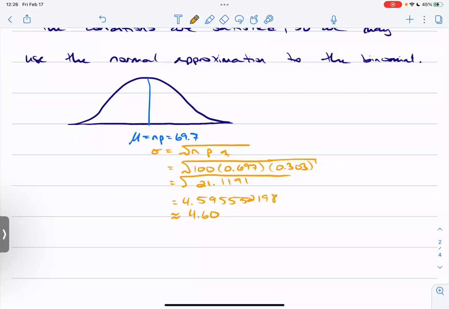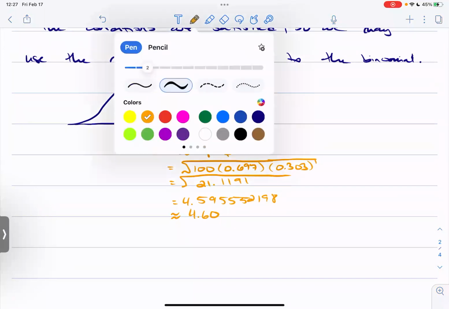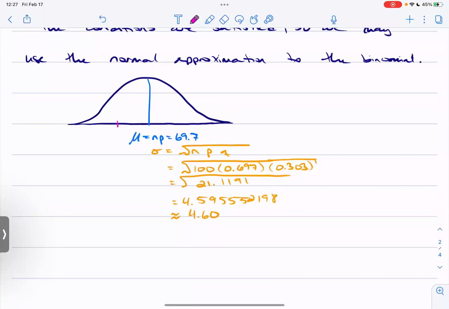We want to know what's the probability that less than 40 of the 100 people have drank alcohol. Now, 40 is going to be on this number line, starting here, probably at 0. In this case, you can't have a negative number of youths. So starting at 0, presumably, going all the way to 100.